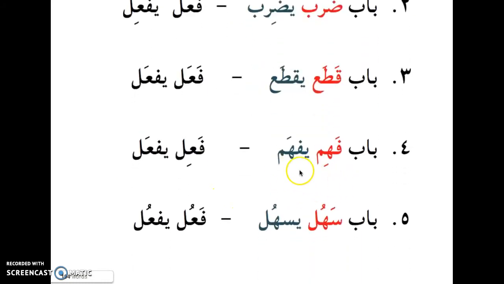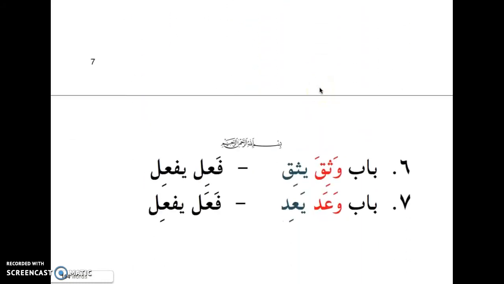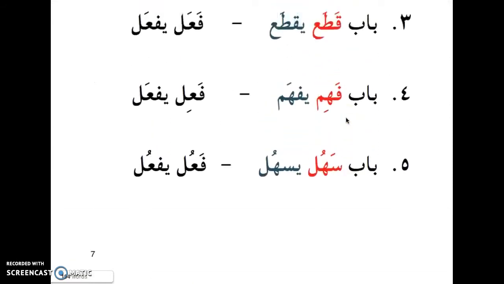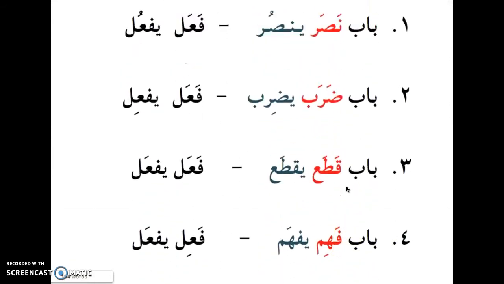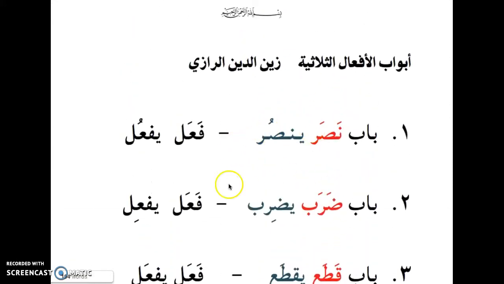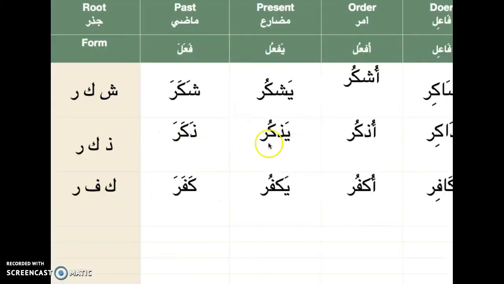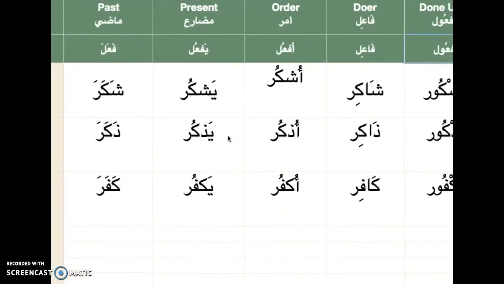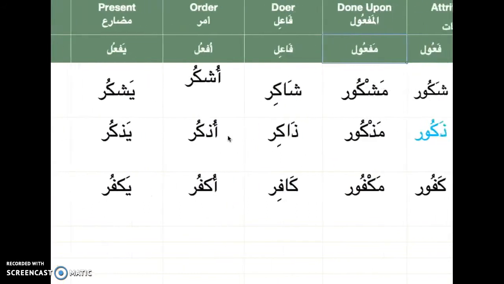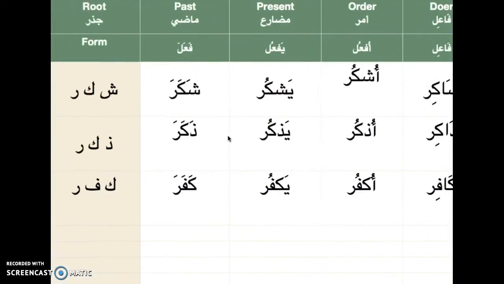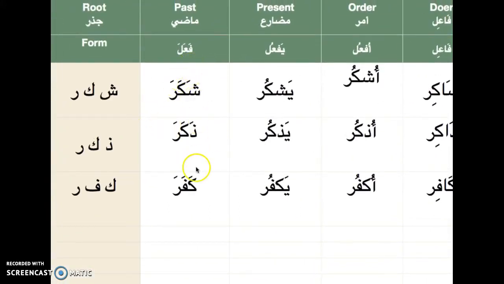And we saw fahima. I think we used all 7 somehow in the lessons. Coming back to the small sheet that I made, all of those come from bab nasar, the section nasar, from those 7 sections that I just showed you.